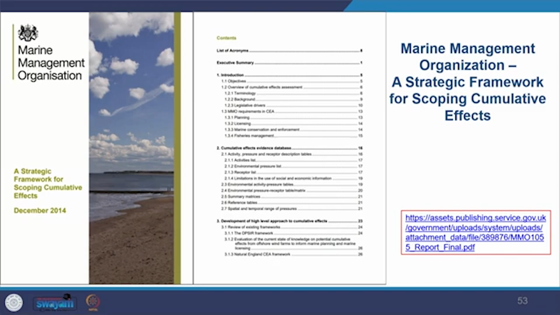Within their content, they have talked about how they explain cumulative effect, and then for the Marine Management Organisation, how you take care of different requirements, how you take care of the database, and what kind of approach you adopt and the framework used for this particular area.